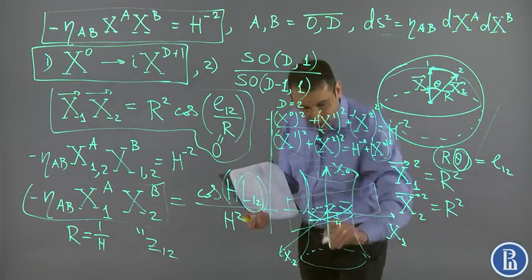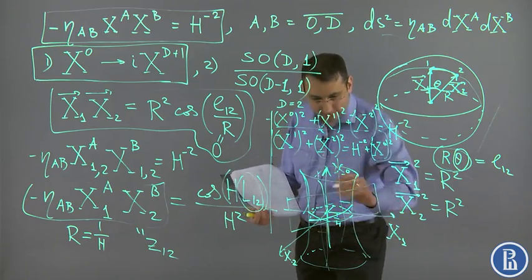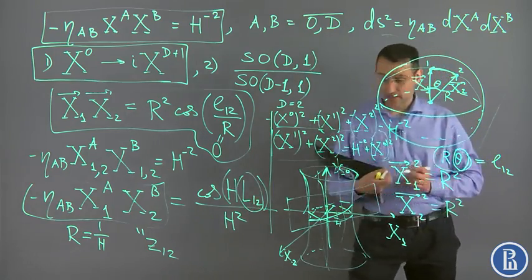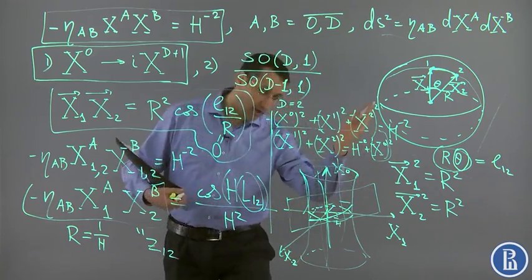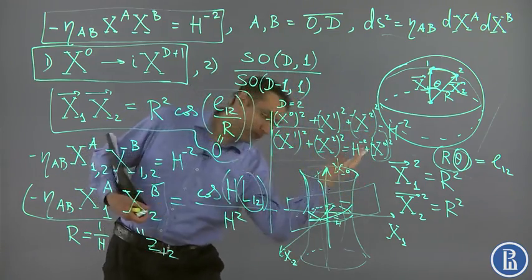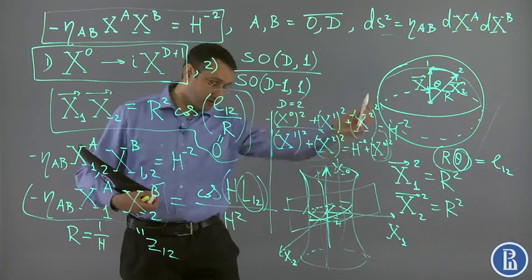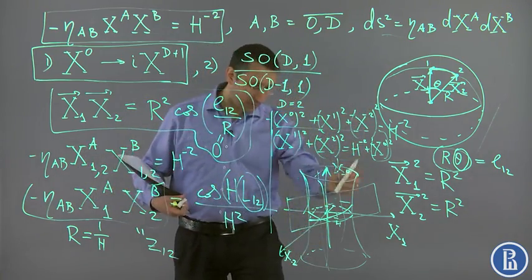Then if we cut like this, we cut out hyperbolas. Segments of these hyperbolas are time-like geodesics. And if we cut with a plane which cuts this hyperboloid at an angle of 45 degrees, we obtain two straight lines which are generatrices of this hyperboloid.